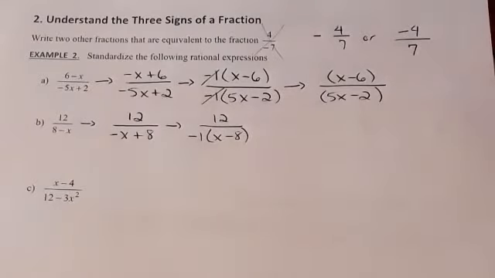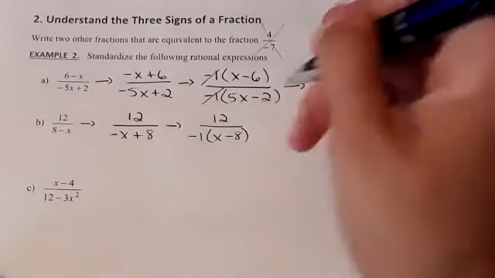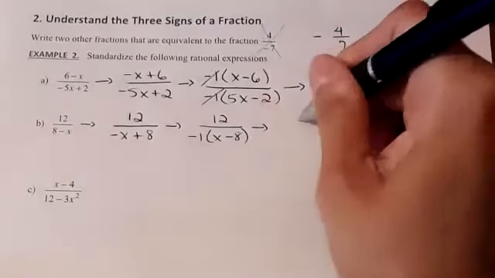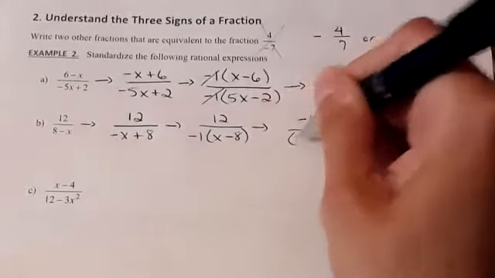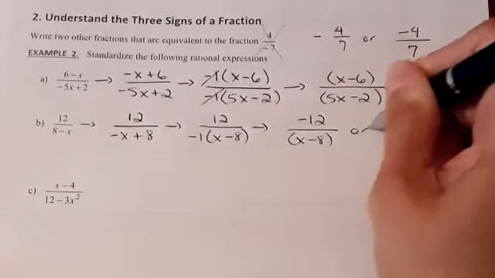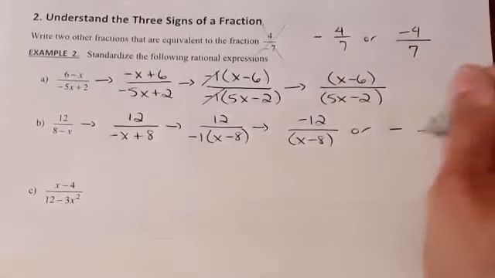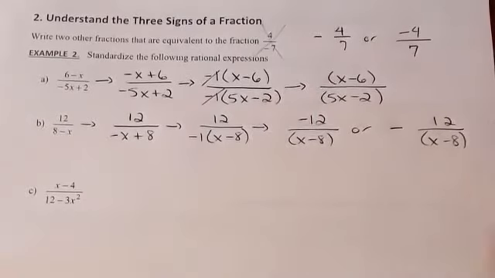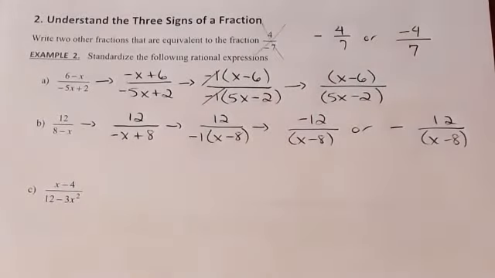As a reminder, what that means, because we can't simplify at all, is we want to bring the negative either in front of the fraction, or we want to bring that to the numerator. So those are the two acceptable locations. So we can write it as -12 over x minus 8, or -12 over x minus 8. Either way, the entire fraction is negative, but it's etiquette to place that either in the numerator or up front.